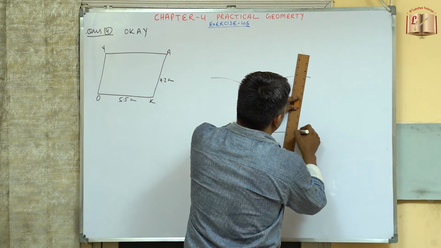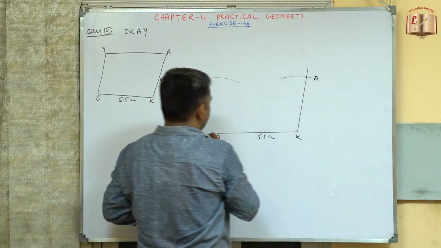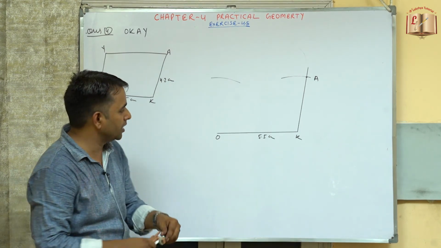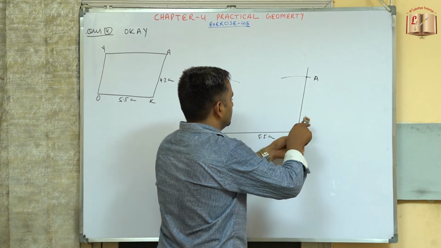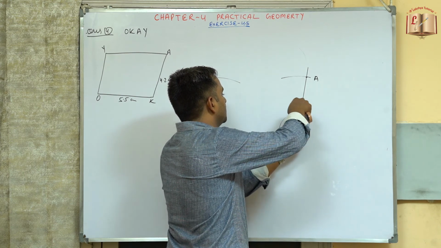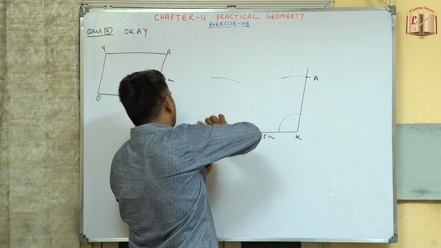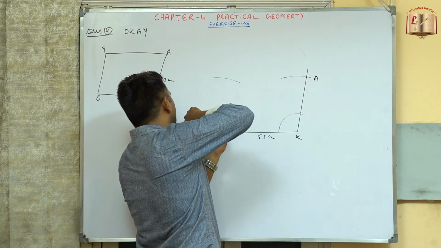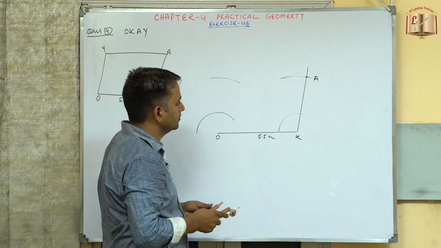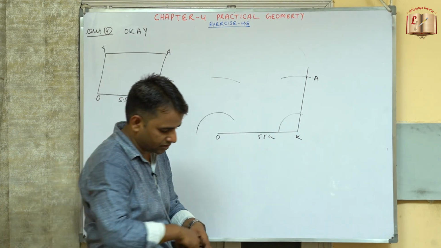So this side is now produced. So this is meeting at this point. This is point A. So whatever the angle drawn over here, the same angle will be over here. So I'll draw with the same arc over here also. So these are now corresponding angles.